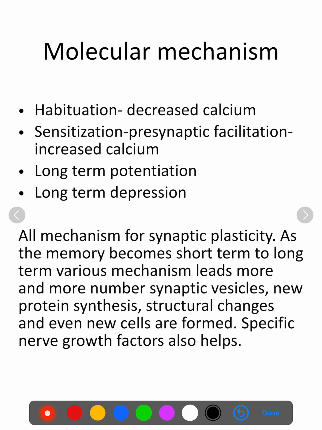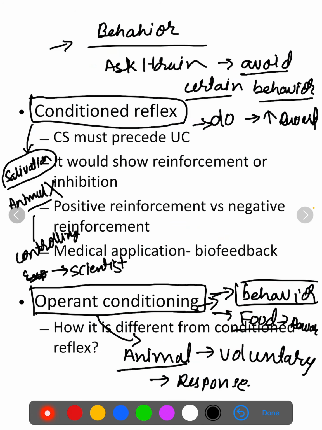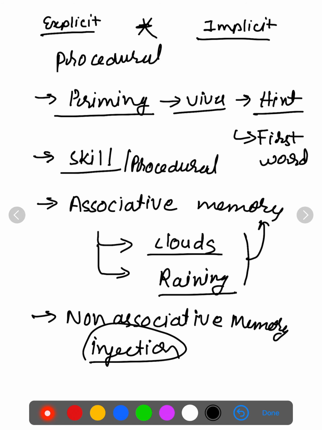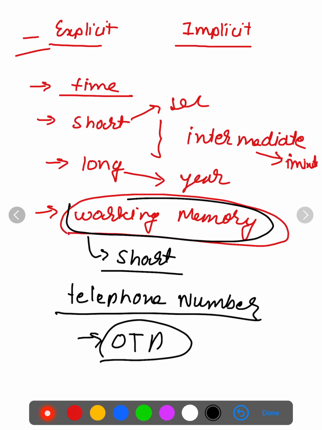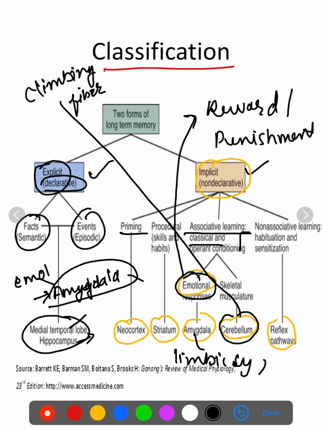In explicit memory, the hippocampus and medial temporal lobe play the main role. Besides this, the amygdala is also there, which plays an important role through emotions.